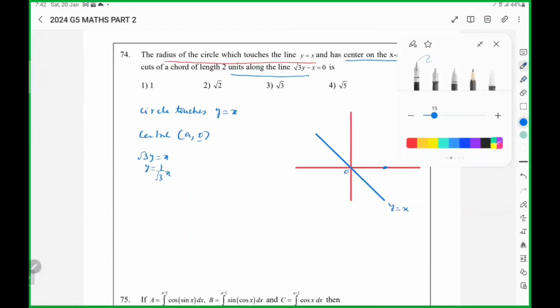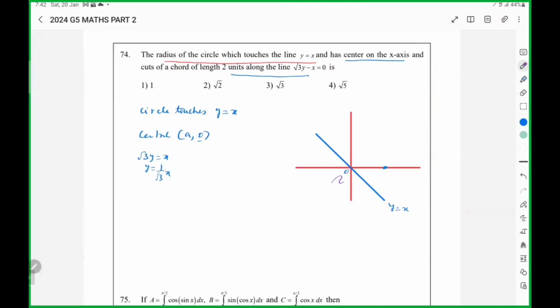So this line will be passing through the origin, whose equation is this. And it makes a chord length of 2 units on it.